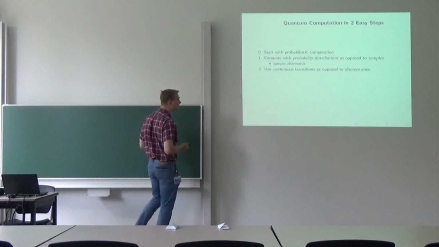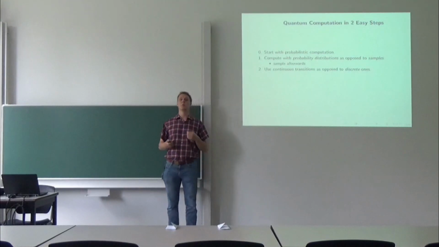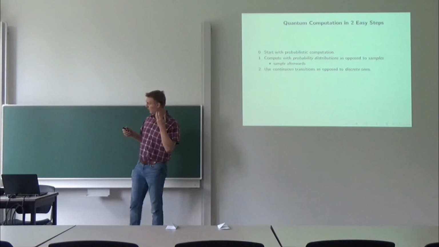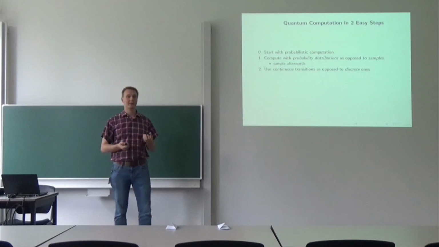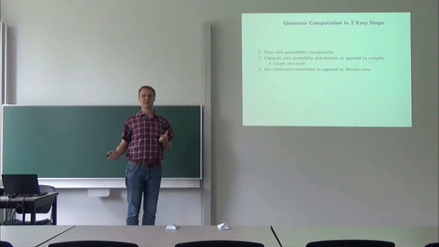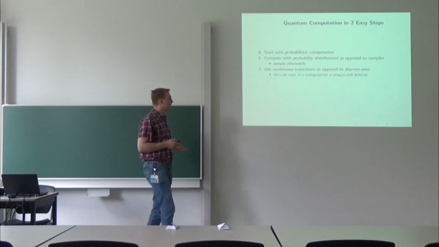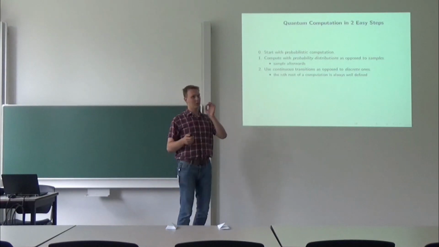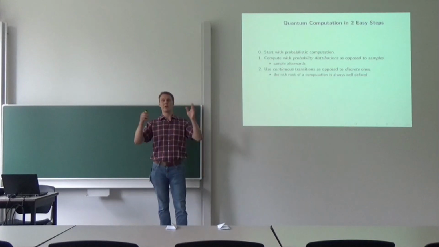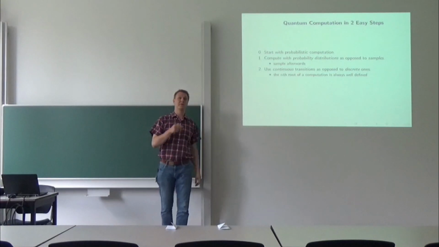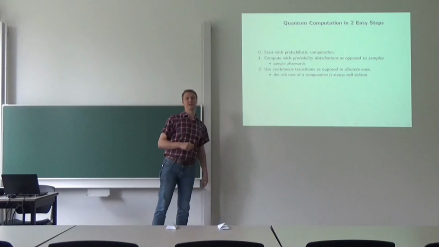And then in step 2, what you need is a state transition that is continuous as opposed to discrete. What I mean by it is that you can always take the square root or any root out of any computation.